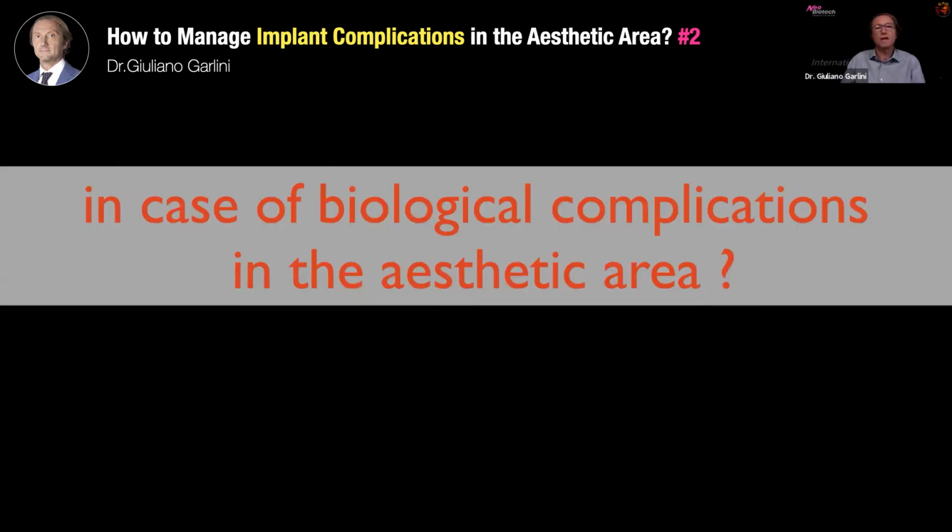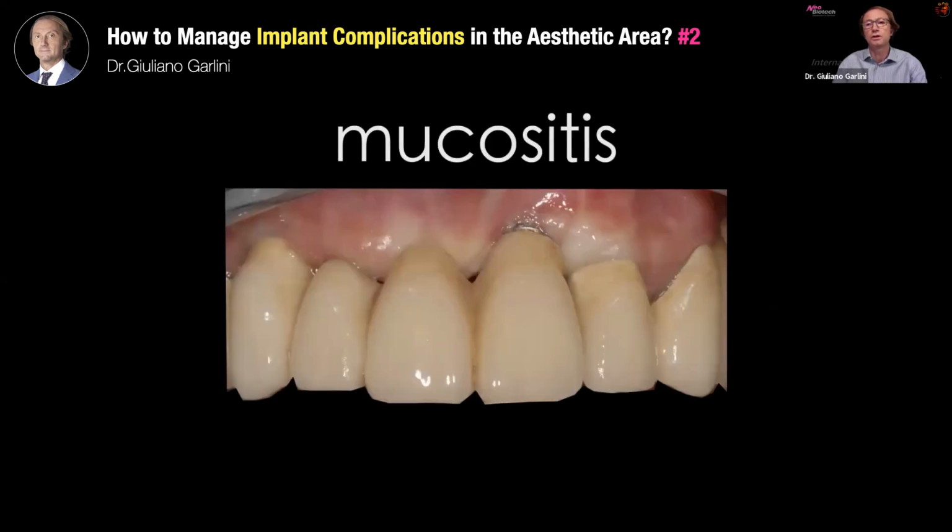So what can we do if we have those kinds of biological complications in the aesthetic area? Should we have the same approach that I have shown to you in the posterior area, or should we have a different approach in the aesthetic area? Obviously, the answer is that we must consider the cases very well, and we have to deal with a different approach in the aesthetic area.